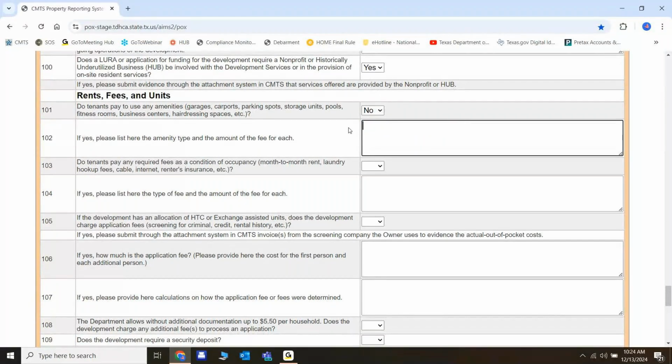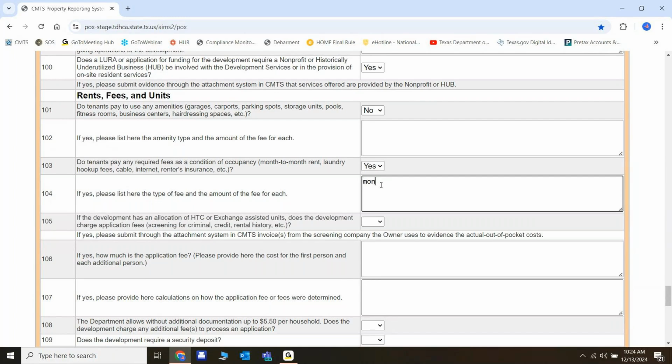Do the tenants pay for any required fees as a condition of occupancy? Like, do you have month-to-month rent? Do you have a laundry hookup fee? Do you have a fee for cable, a fee for internet? Do you require renter's insurance? If it's yes, tell us what it is. We have month-to-month and renter's insurance.